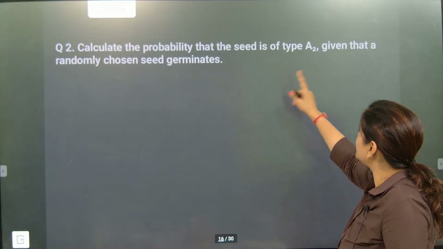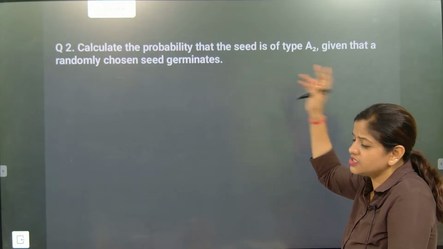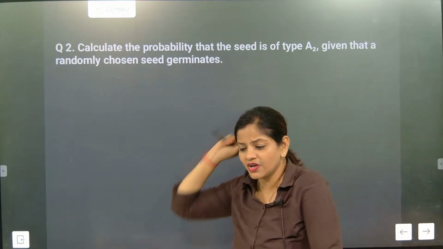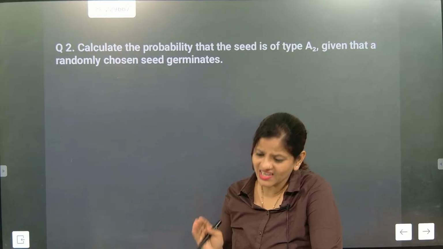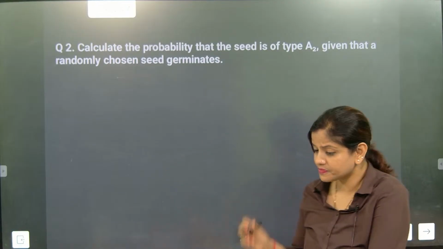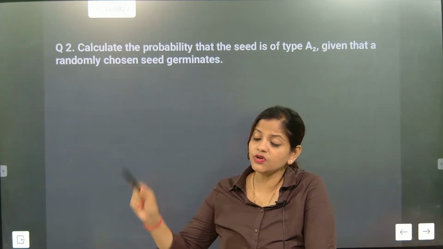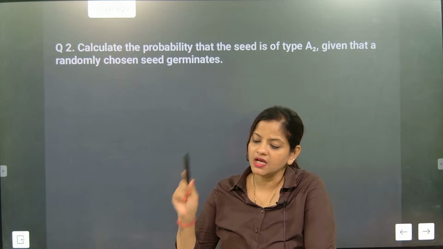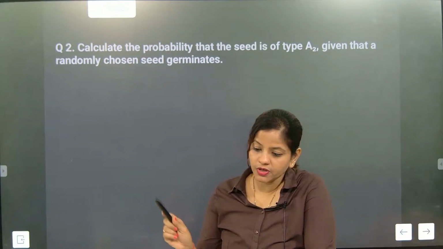Calculate the probability that the seed is type A2 given that a randomly chosen seed germinates. When this question is given, think very nicely what you have to do. Calculate the probability that the seed is of type A2. There were 3 types of seeds, and type A2 is one of them.